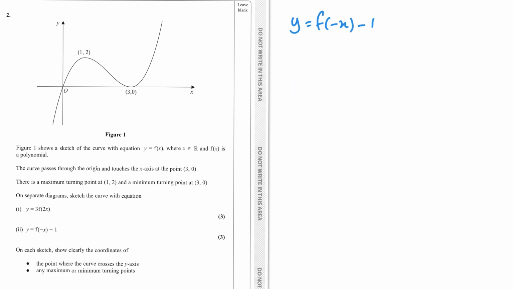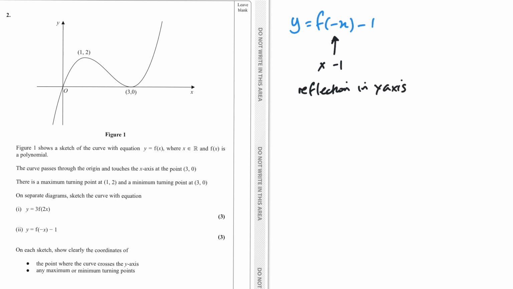The second one we're looking at is y equals f of minus x, then minus 1. So this is inside, it affects the x. We're multiplying all the x values by negative 1, so that means it's going to be a reflection in the y-axis.